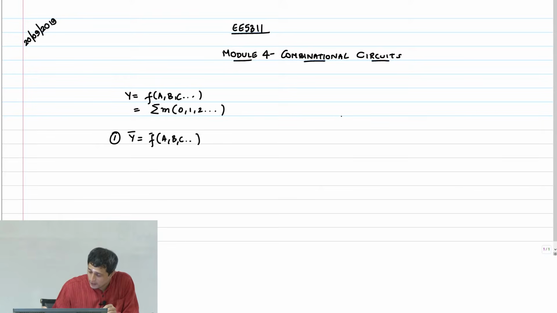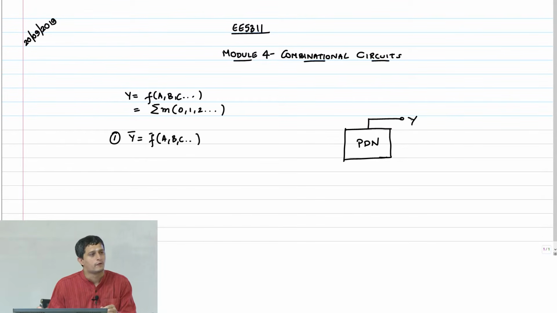So you will get the pull down NMOS stack like this. It's called the pull down network. For specific combinations where the output goes to 0, y will be 0, otherwise y will be in its high impedance state in this network.